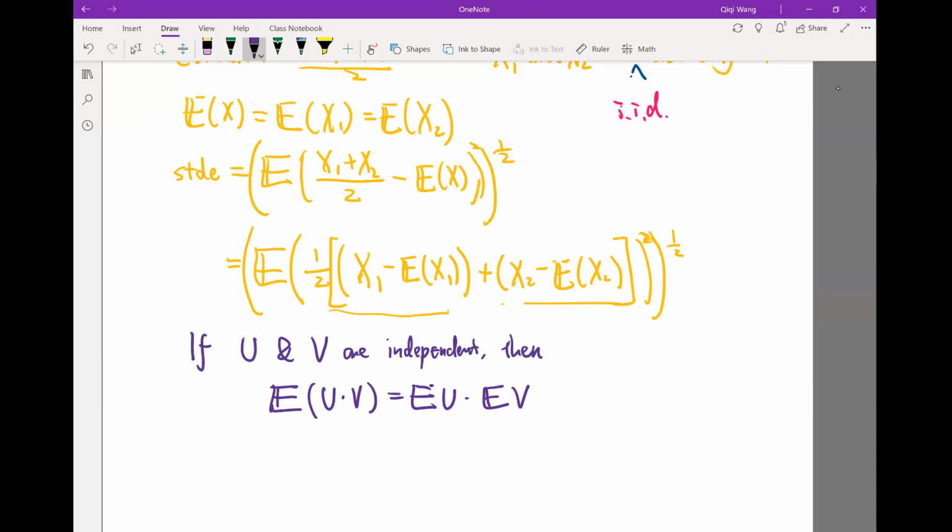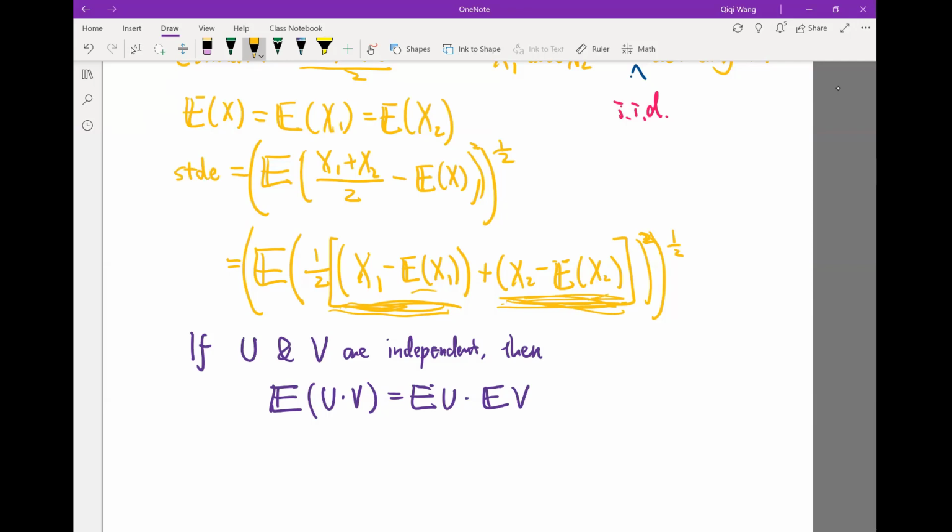So the expectation of the product is equal to the product of the expectations. In our case, it's important because we have a square, and whenever you expand x plus y squared, there is a term of 2xy. Here we have an expectation of the product of two independent random variables, because x1 is independent of x2.